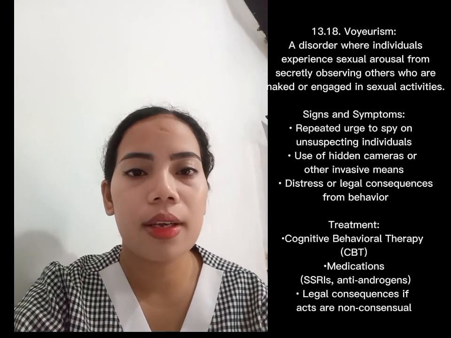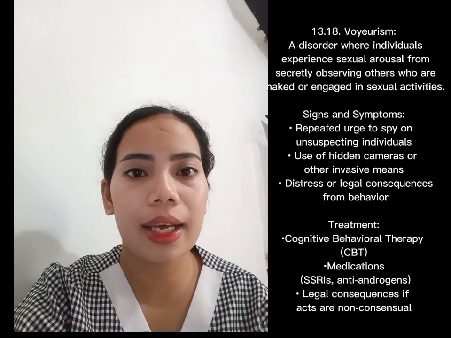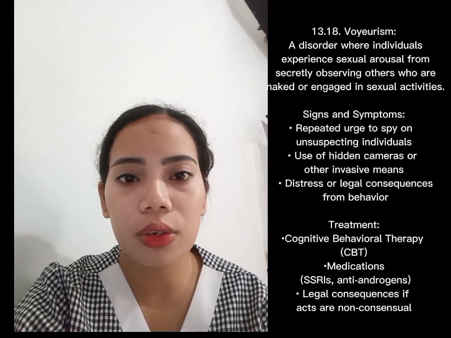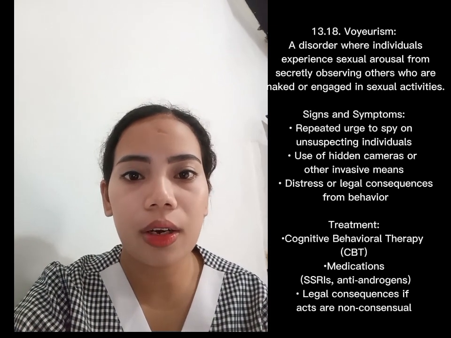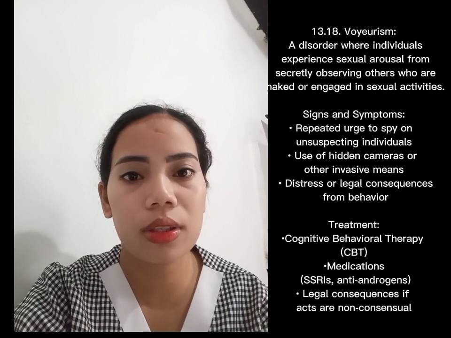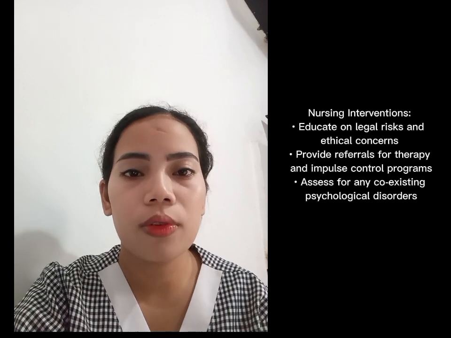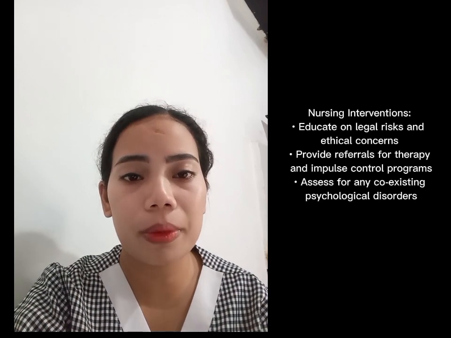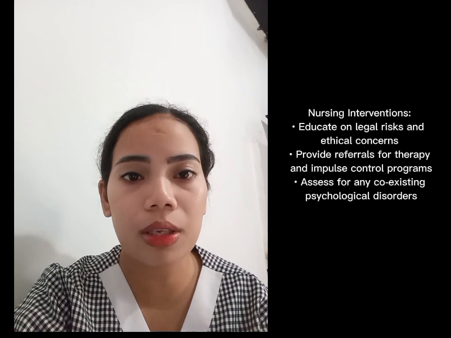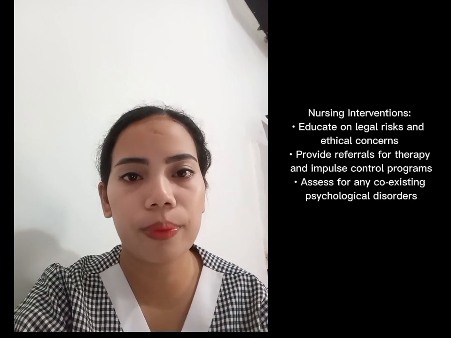For the treatment, we have cognitive behavioral therapy, medications like anti-androgens, and legal consequences if acts are non-consensual. For the nursing intervention, we should educate on legal rights and ethical concerns, provide referrals for therapy and impulse control programs, and assist with any existing psychological disorder.